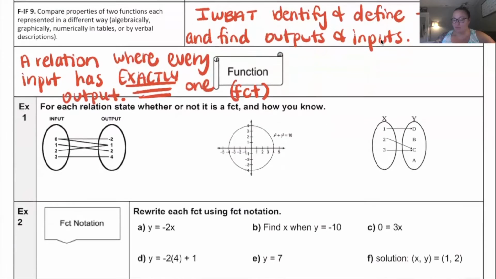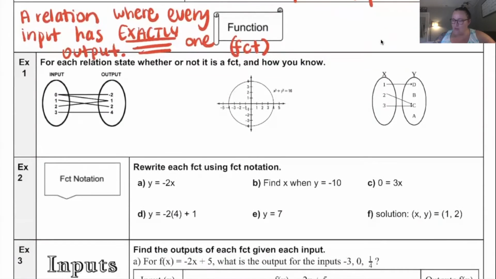So if we look at example 1, remember the definition of a function is a relation where every input has exactly one output. In this first one, you've got a list of all these inputs. You've got a list of all these outputs. Now notice the inputs are being mapped to the output that they belong to.